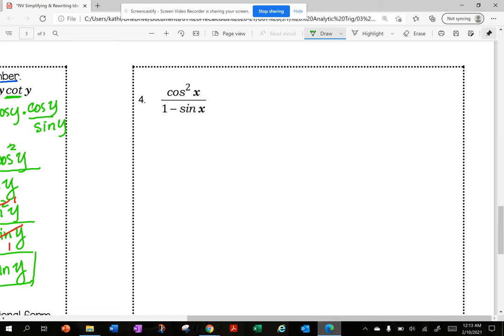Okay, so I'm trying to go from a fraction to not a fraction. I'm going to do that by multiplying by the conjugate. So if I have 1 minus sine of x, the conjugate is 1 plus sine of x. And I multiply that in the form of 1, since anything divided by itself is 1.